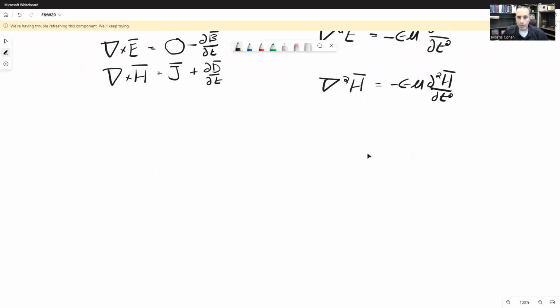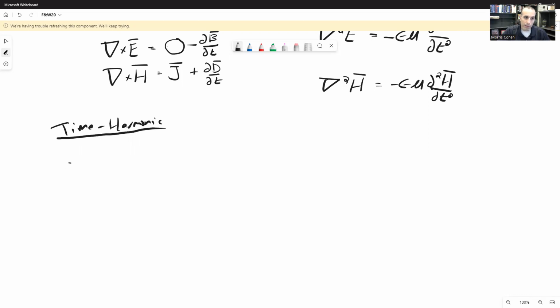Now, the solution for that wave equation is more commonly written in time harmonic form, which means that we are assuming that everything is oscillating at one particular frequency and that that frequency is known, and it is omega. If we do that, then we can take this time derivative and replace it with j omega, since we're basically converting this into phasors.